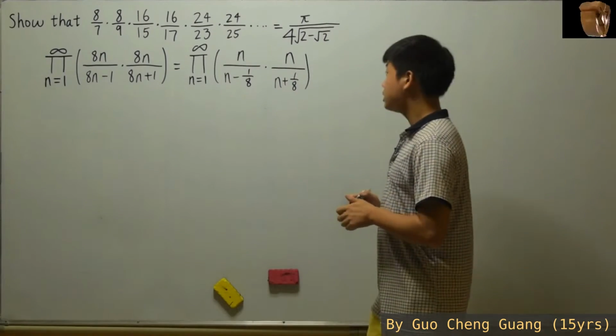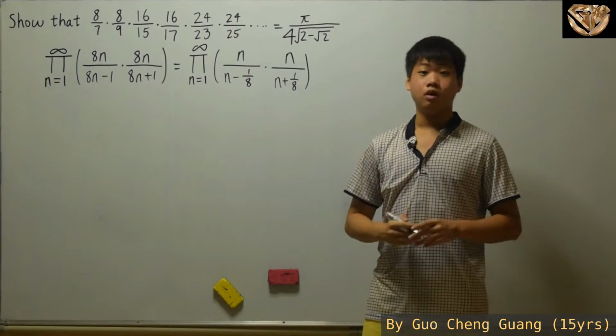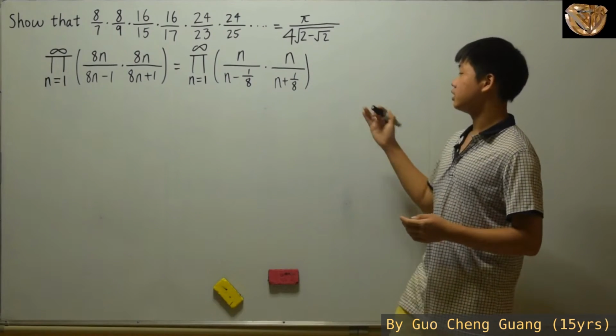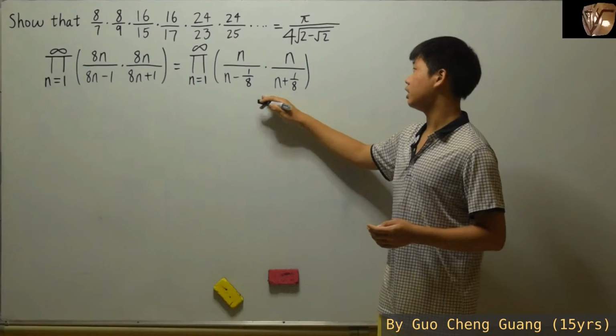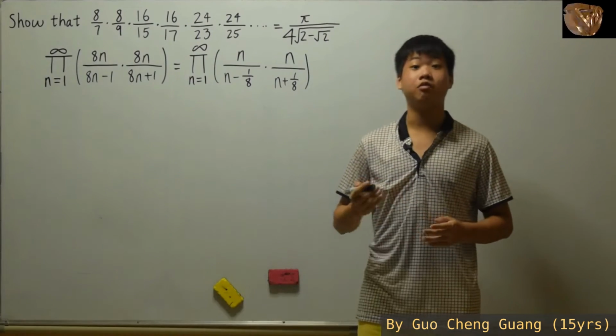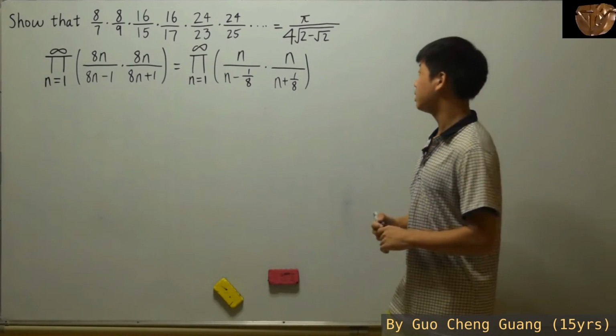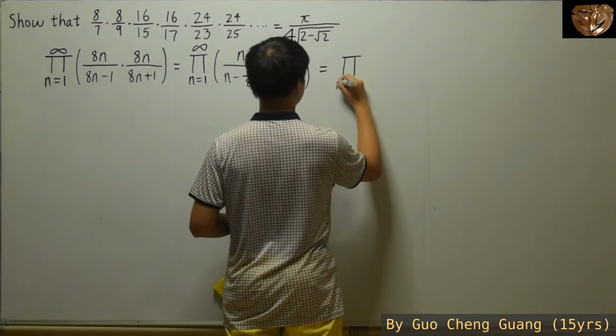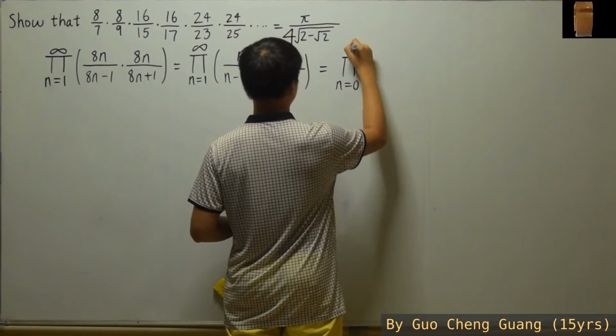Once again here, it depends on what kind of method you have learned. Sometimes you might see from this step you can immediately get some kind of gamma function form, but sometimes you will see it continue to go into n equal to 0.